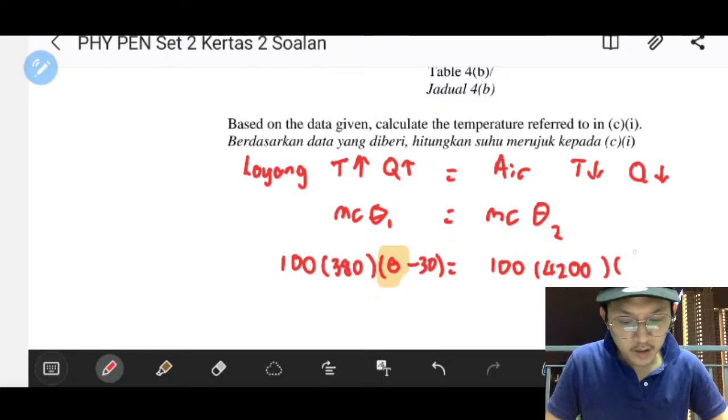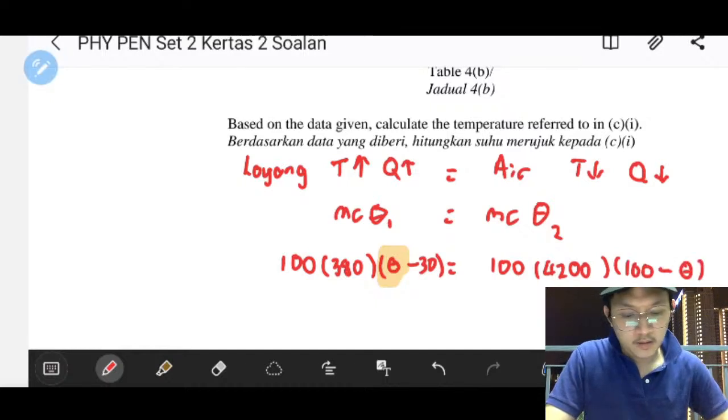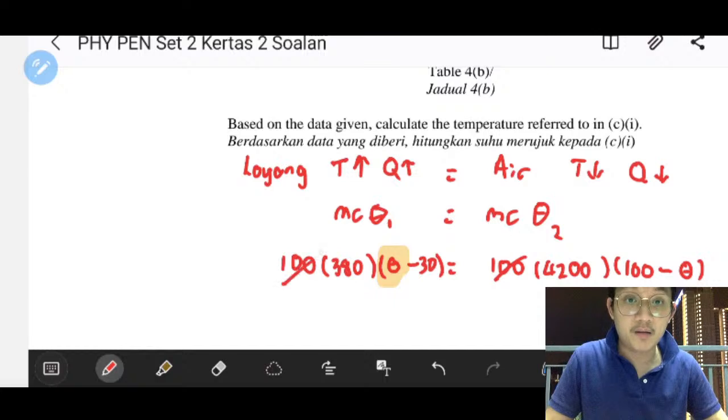Can I straight this thing? Okay. So, yep. Just need to work out the math and find out what is data. 100 and 100, you can straight cut it off. Gives you less headache. Okay.